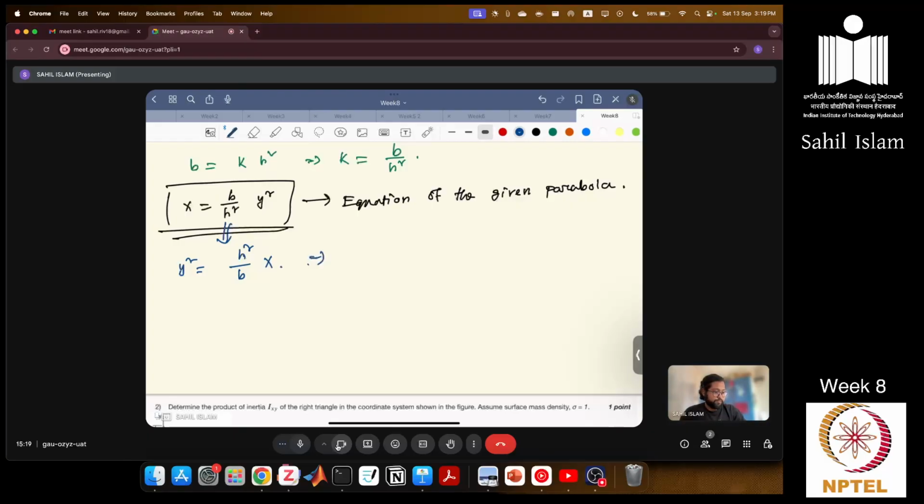Which implies y equals h by b to the power half, x to the power half, which implies y cube is h cube by b to the power 3 by 2, x to the power 3 by 2. Now let's go back to our integral.